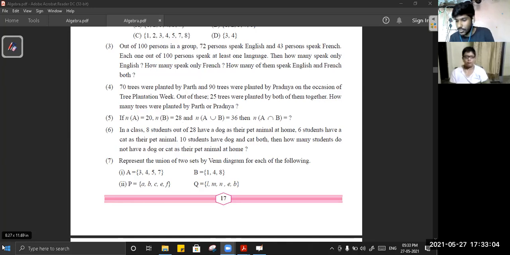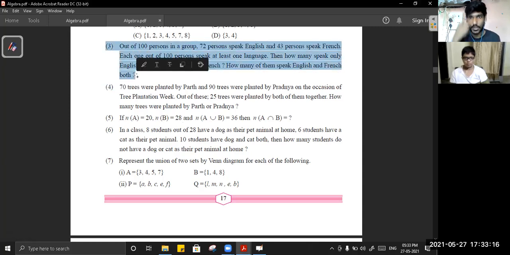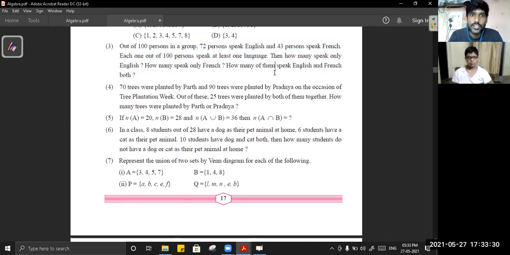So one more thing, when you solved these, did you check the answer at the back? No, you did not. Okay. For the third one, now since the book is in your hand, open the book to the third question. You had to find how many speak only English and how many speak only French. So you got only English as 57, correct?